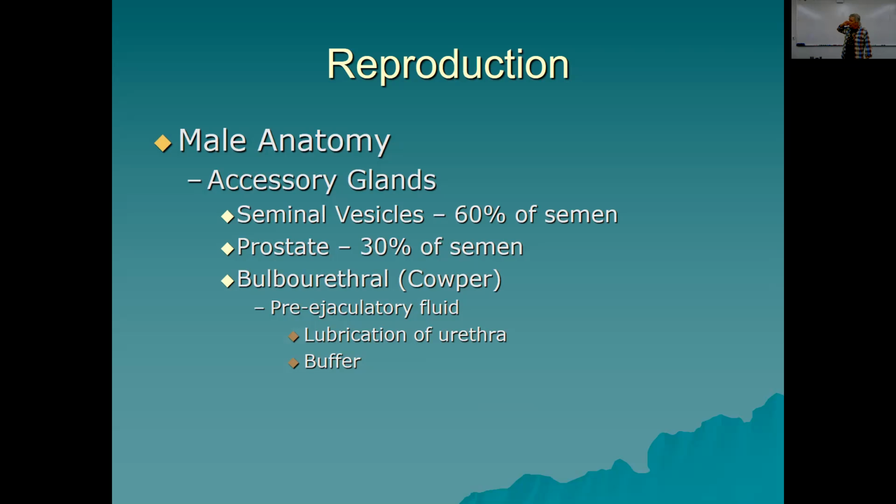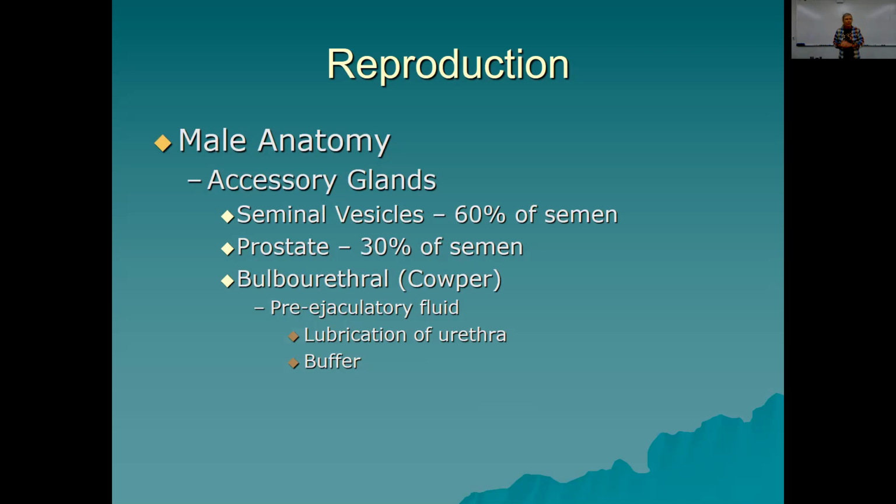The bulbourethral gland, also known as Cowper's gland, makes a pre-ejaculatory fluid. And it's done for two reasons. When a man gets sexually excited, it makes this mucousy, clear liquid that does two things. One, it lubricates the urethra.